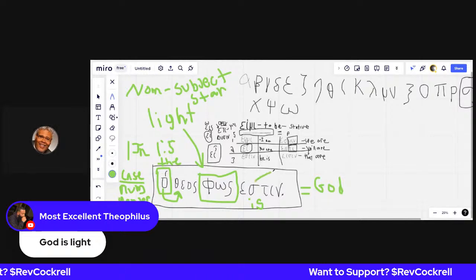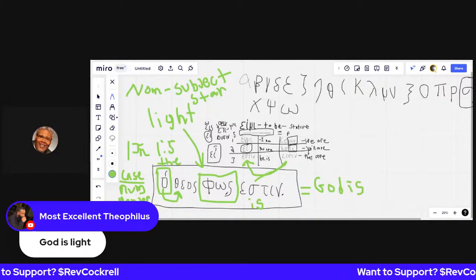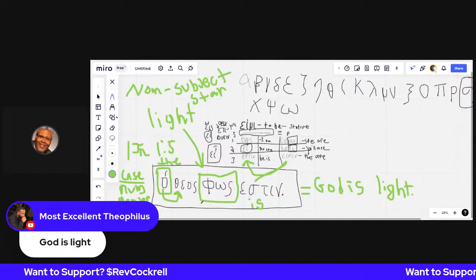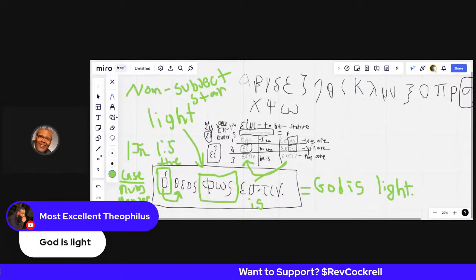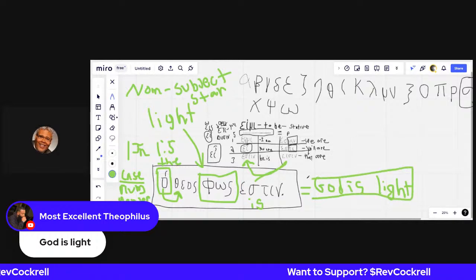Here's your verb. God is light. So a rough translation literally would be "the God light he is." We would smooth it out because "he, she, or it." God is light.